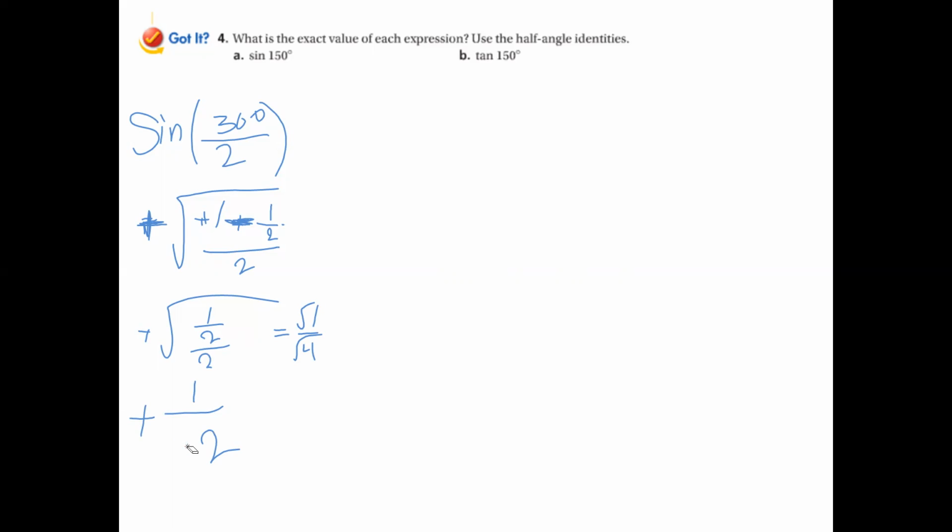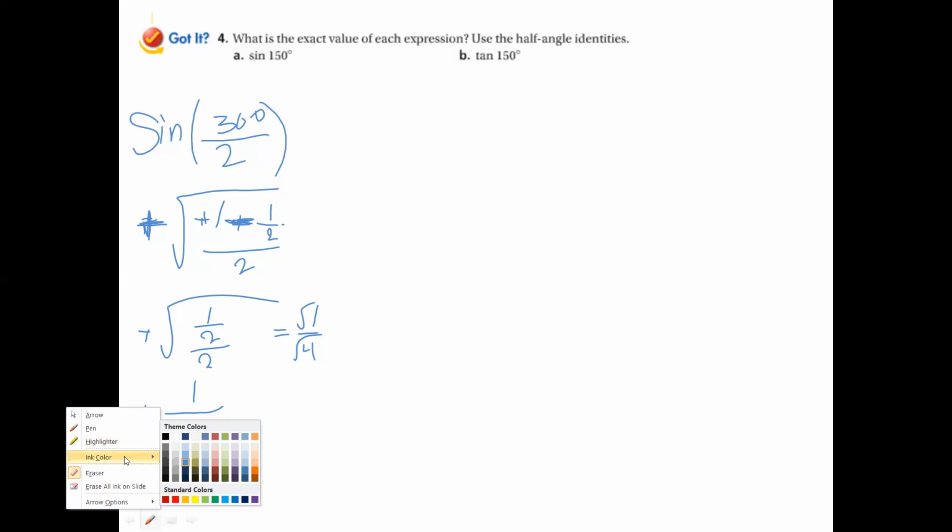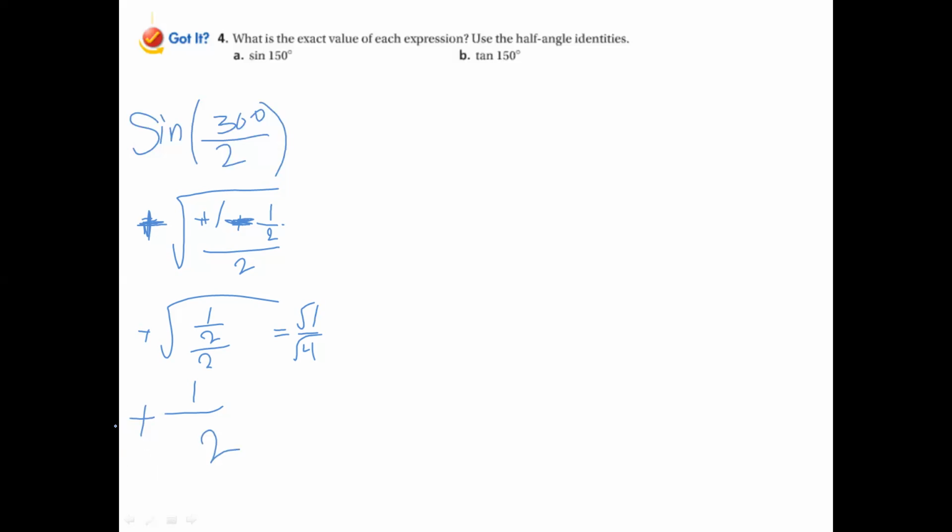Okay, now tan 150. Here we can find tan of 150 in 2 ways. We can divide it as sine 150 over cosine 150.